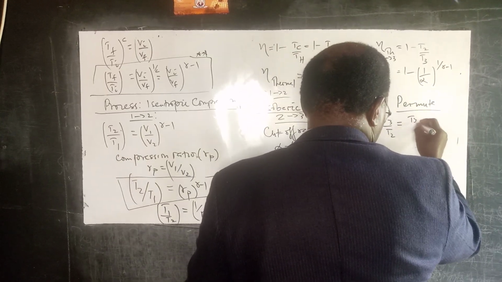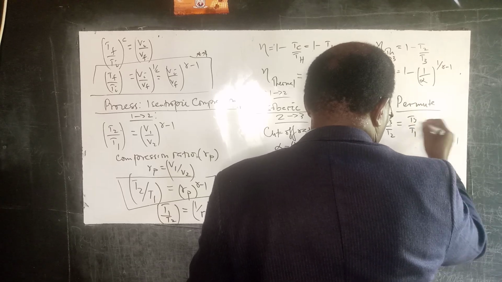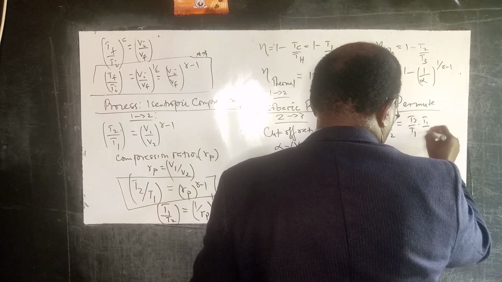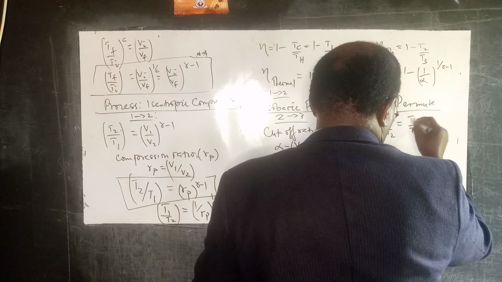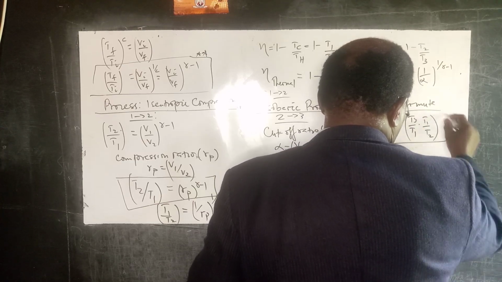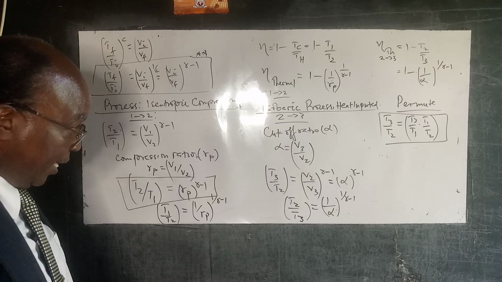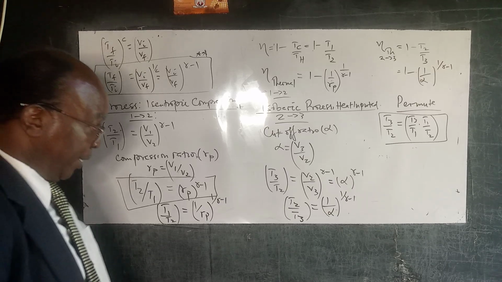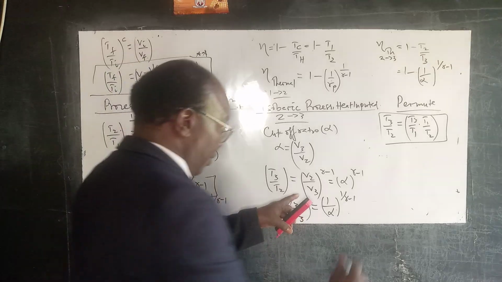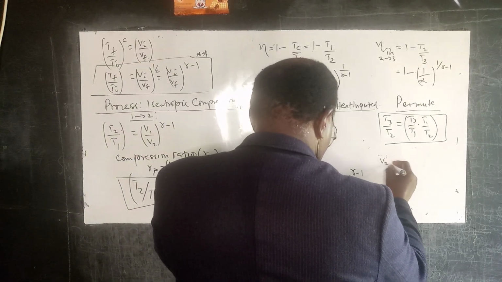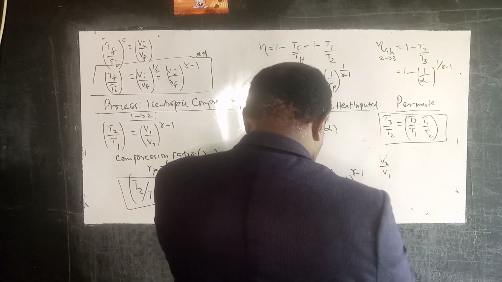That will give us T3 over T1 into T1 over T2.